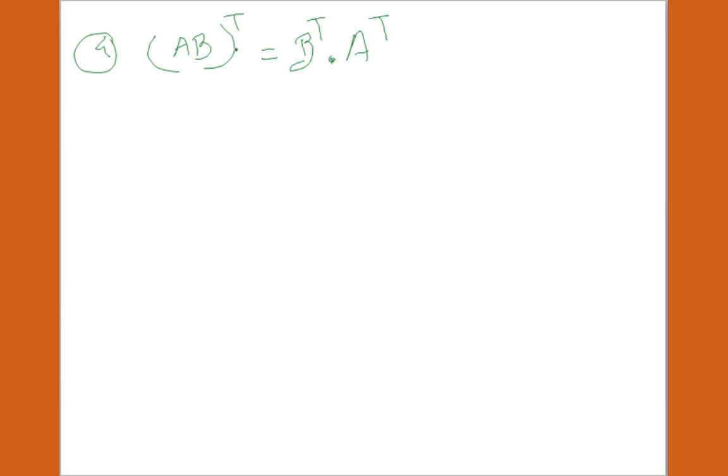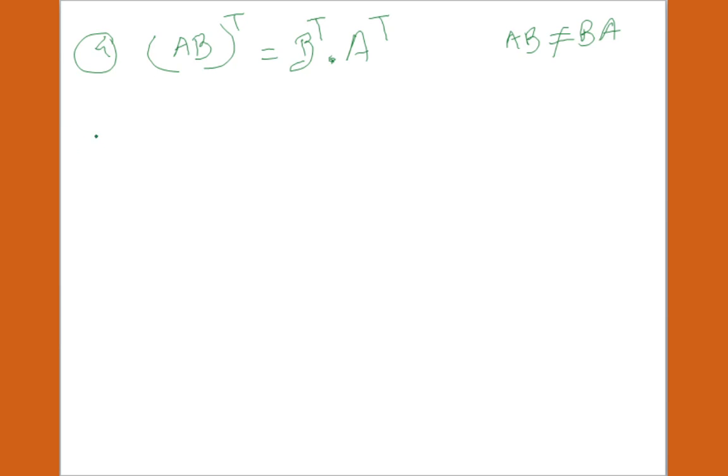Always remember, in case of multiplication, (AB) transpose is equal to B transpose into A transpose. I have already said that in case of matrices, A into B is not equal to B into A. Always remember, B transpose into A transpose.